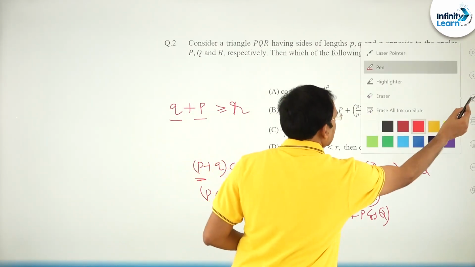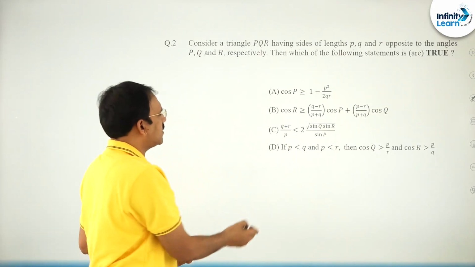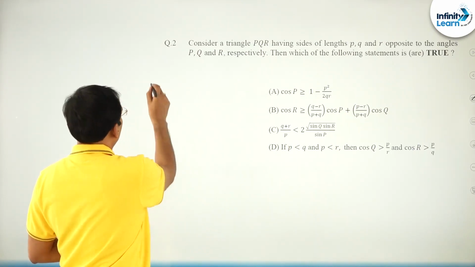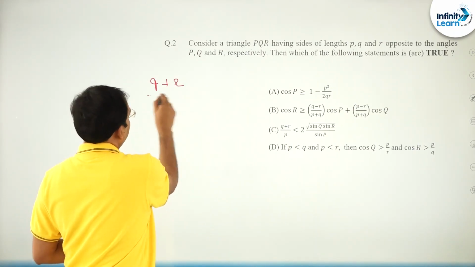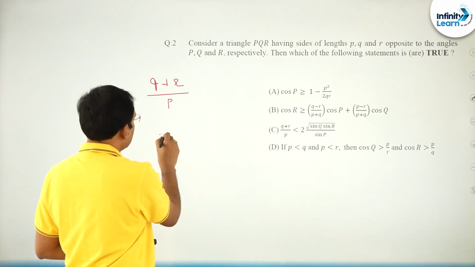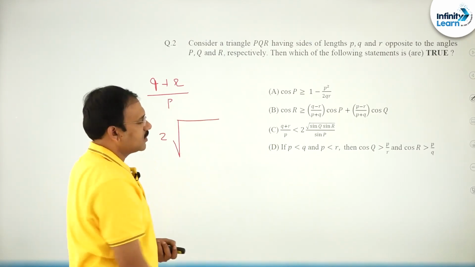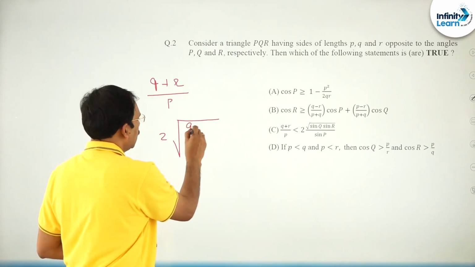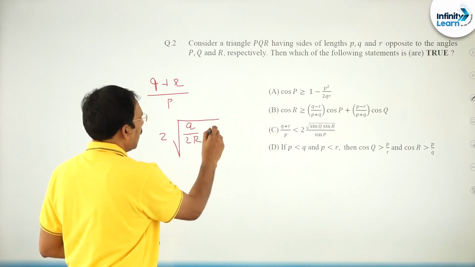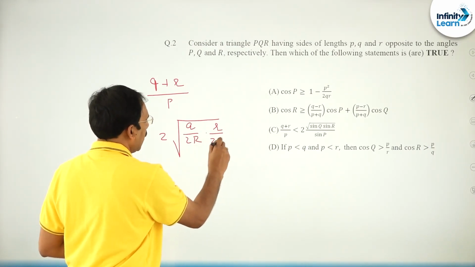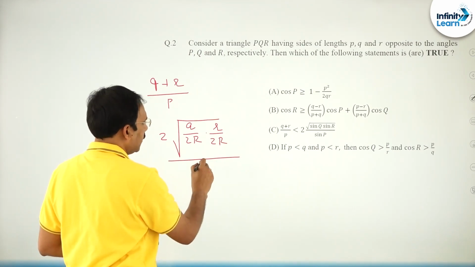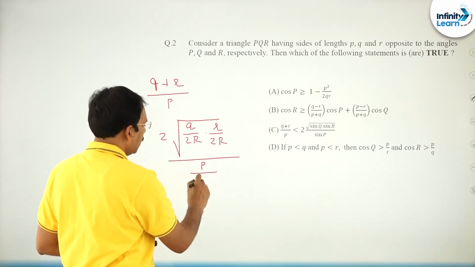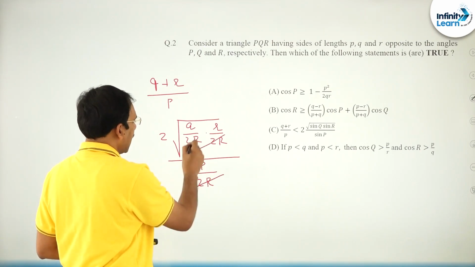Then next friends, you can see the third one, it is very simple. You consider (Q plus R) by P as LHS. For the RHS, by the sine rule, sine Q can be written as Q by 2R and sine R as R by 2R, divided by P by 2R. So this gets cancelled.